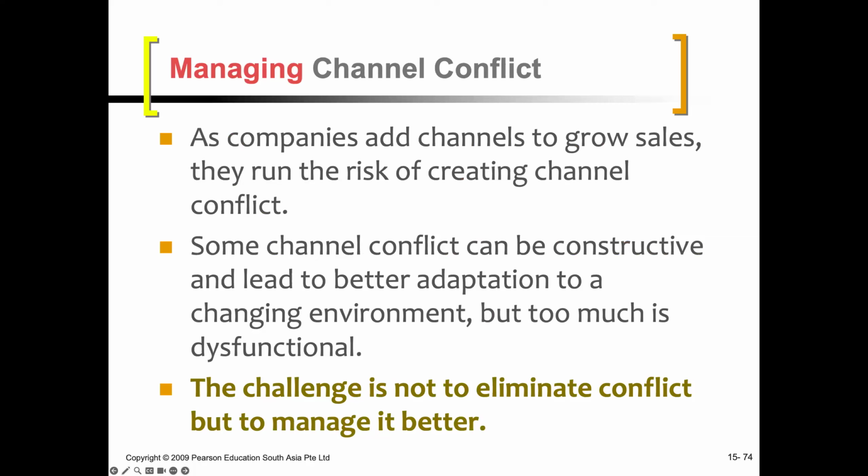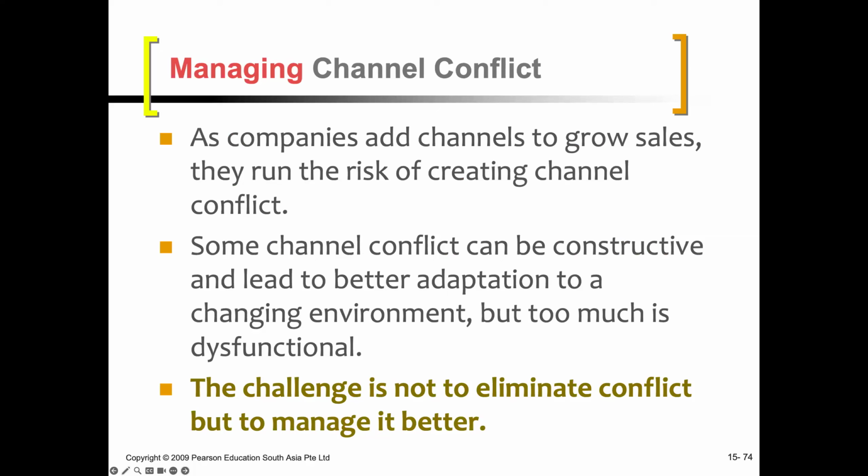How to manage the conflicts? As companies add channels to grow sales, they also run the risk of creating conflict. Some channel conflict can be constructive and lead to better adaptation to a changing environment. But again, too much of something is always dysfunctional.